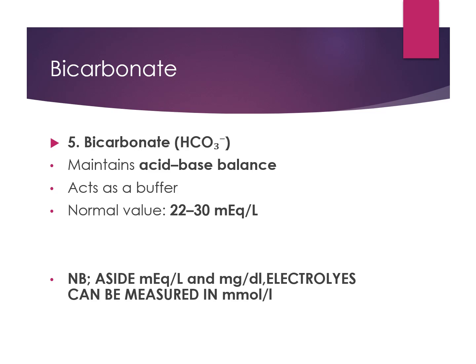Bicarbonate maintains acid-base balance and acts as a buffer, with a normal value of 22 to 30 milliequivalents per liter. Note: aside from milliequivalents per liter, and milligrams per deciliter, which is used for calcium, electrolytes can also be measured in millimoles per liter. So when you see millimoles per liter somewhere, it doesn't mean the values here are wrong, but that it's a different unit of measurement.